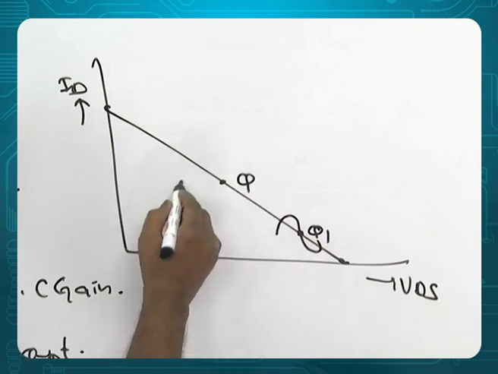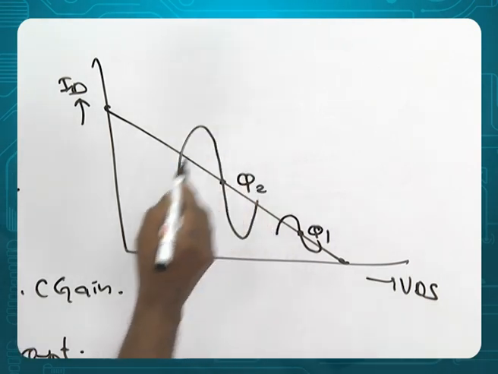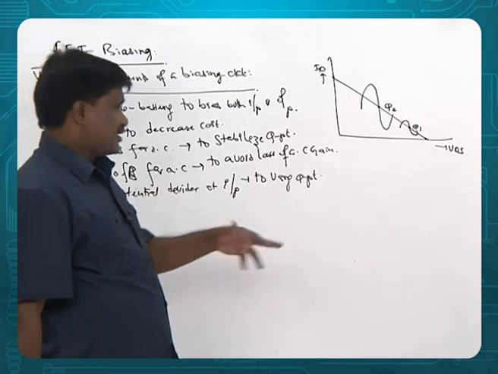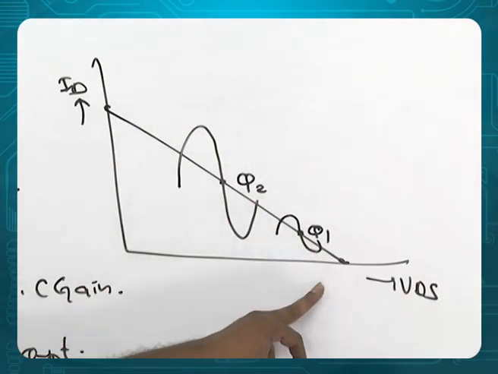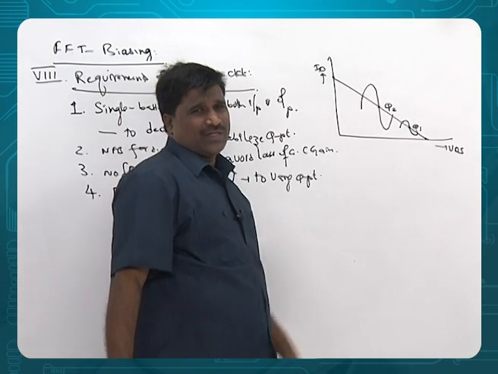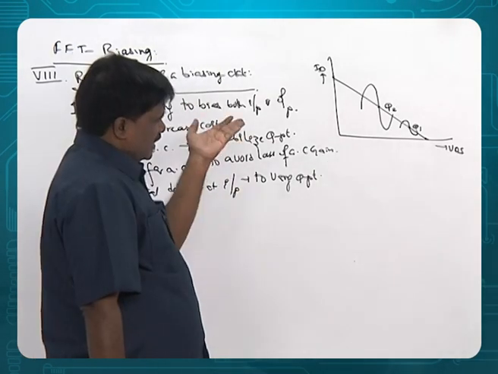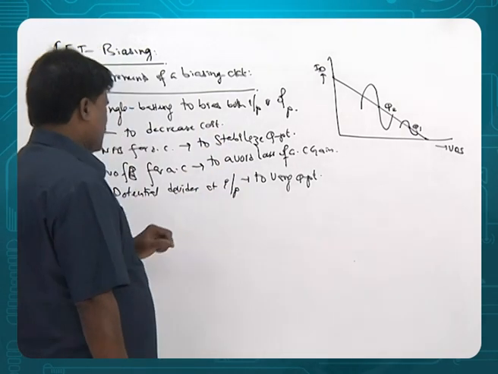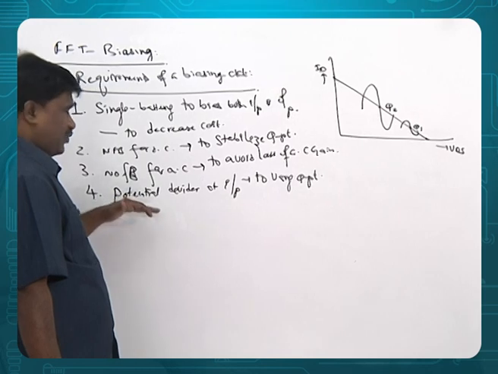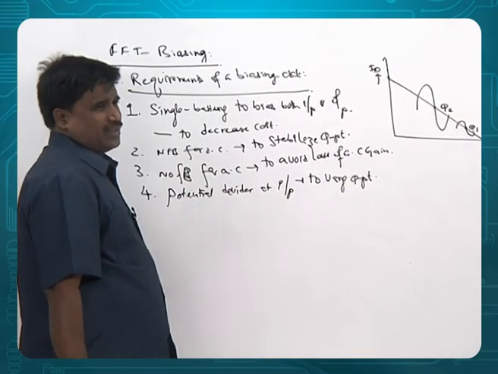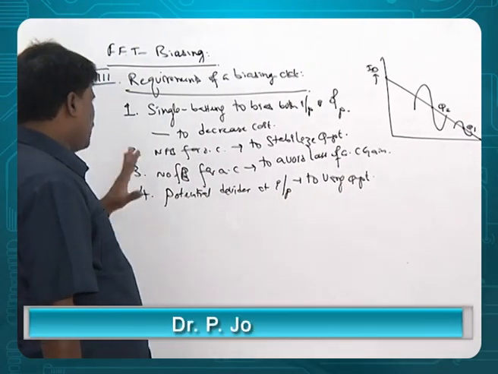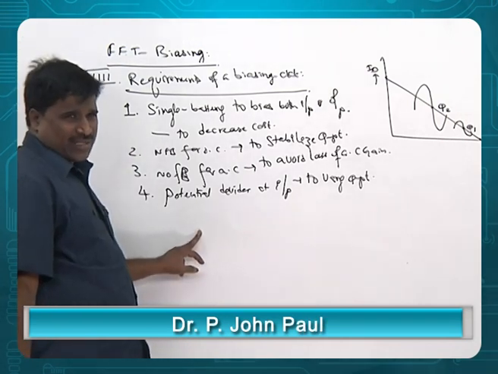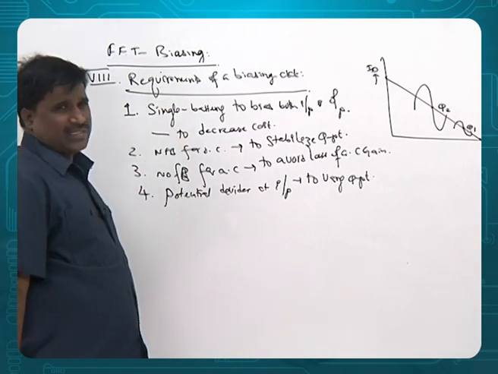If you take Q point here, you will have large signal. Less Q point will handle small signal, more Q point will handle large signal. So to handle different signals, Q point has to vary. How to vary? Potential divider at the input. These are the 4 requirements. If these 4 requirements are met, we call it best bias.